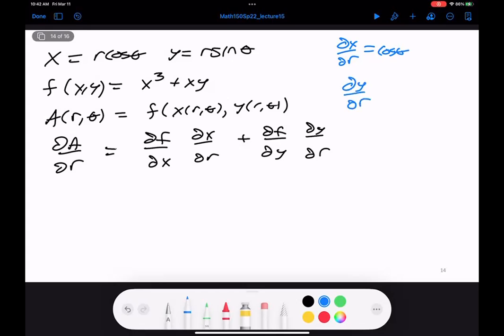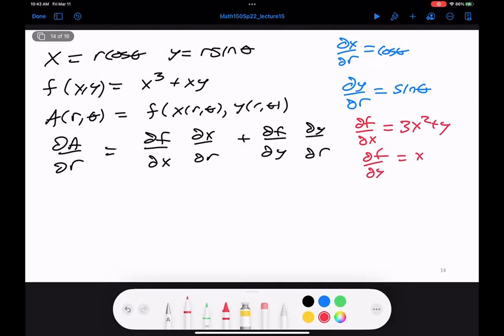What is dy dr? Sine theta. Okay, what about df dx? What's df dx? 3x squared plus y, and then df dy would just be x.